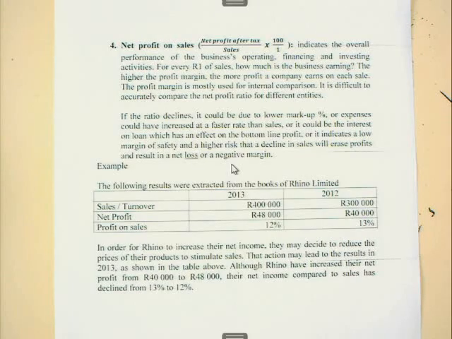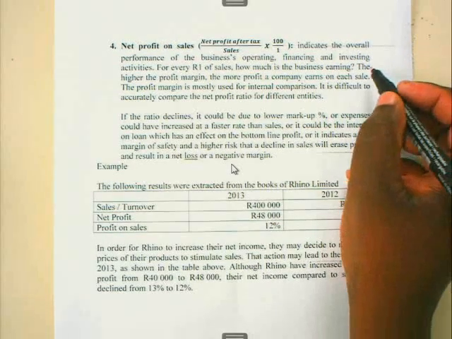When we calculate this ratio, we want to determine for every 1 rand of sale, how much is the business earning? The higher the profit margin, this is very important.